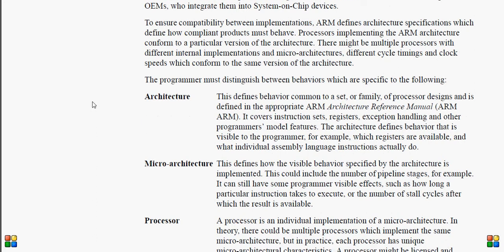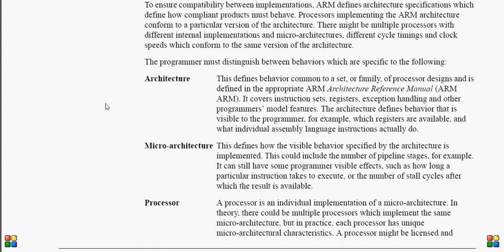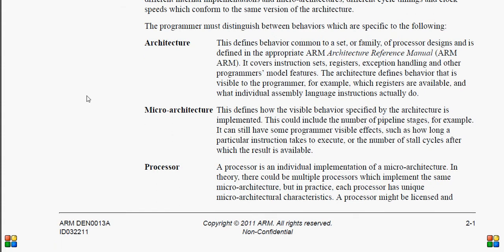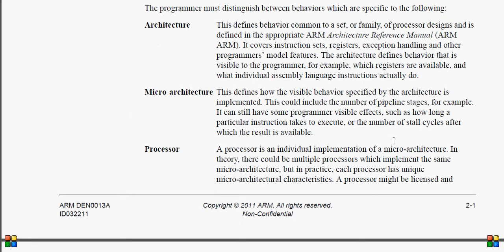Now there are some parameters on which basis we can distinguish between the behaviors. The architecture defines behavior common to a set or family. It covers instruction set, registers, exception handling and other programmer's model features. The microarchitecture defines how the visible behavior specified by the architecture is implemented.